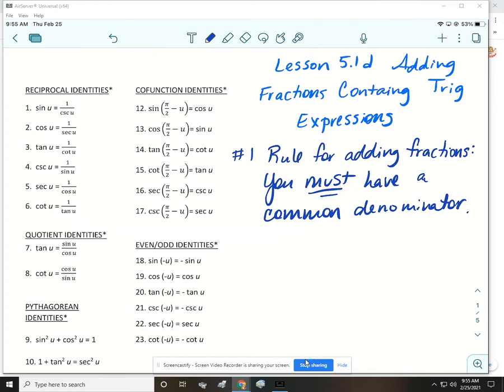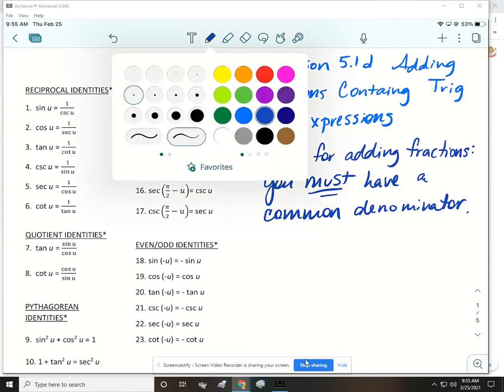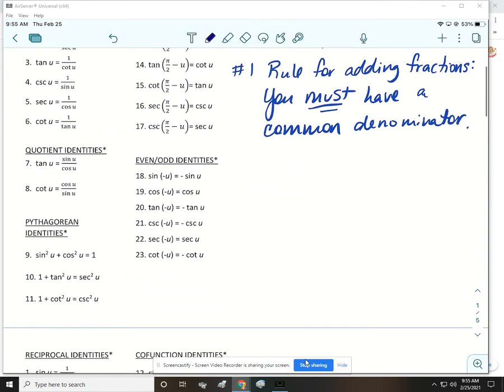All right, and that's what we're going to be working with on the first example. Example 1, we're going to add and then use the identities to simplify.